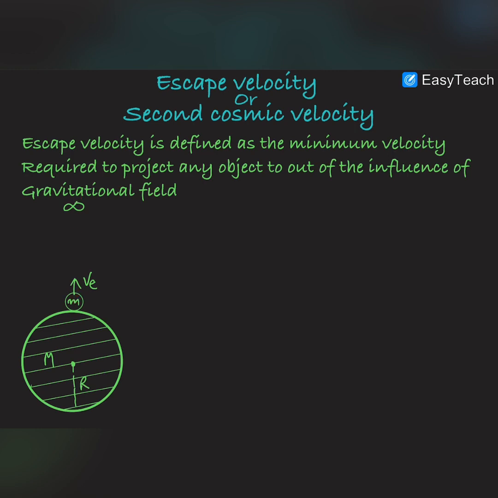Now we know that the initial potential energy of this mass on the surface of Earth is Ui, and this would be equal to minus GMm upon R, where M is the mass of Earth and R is the radius.